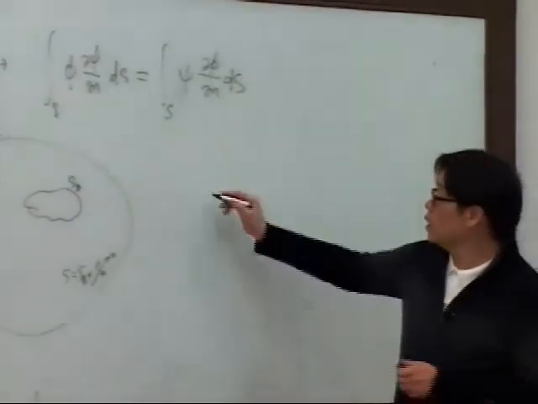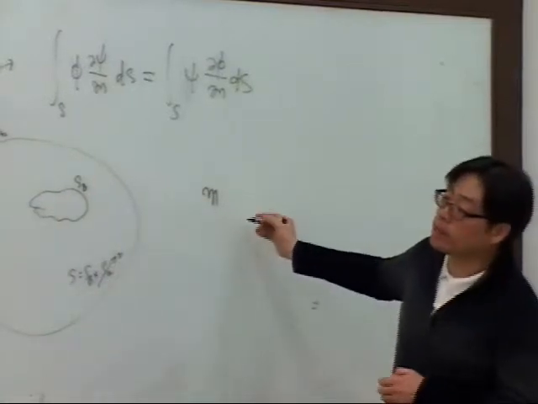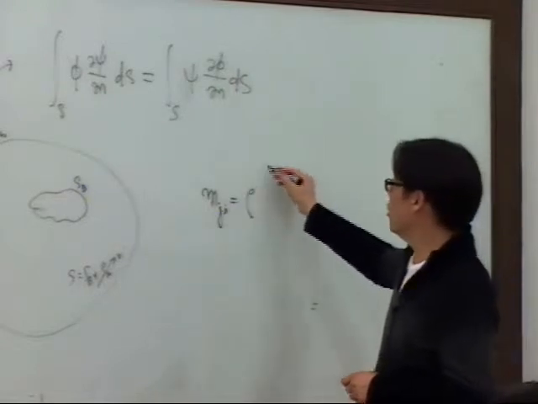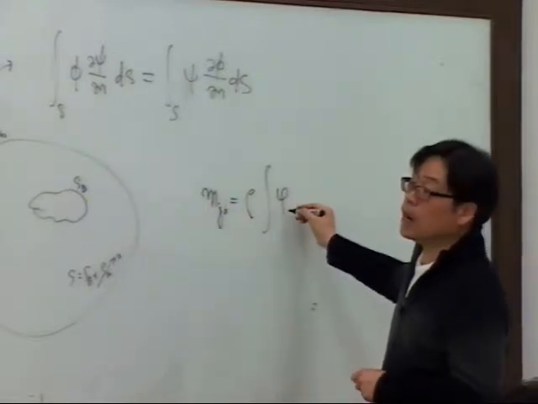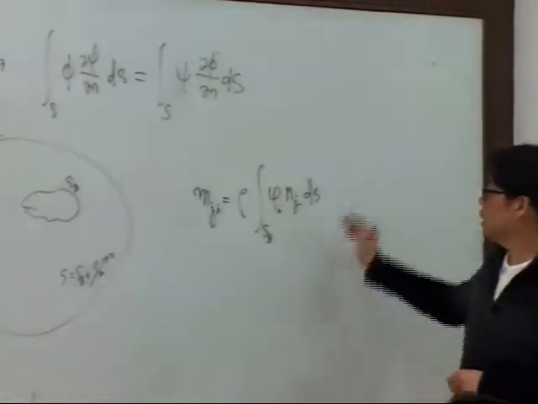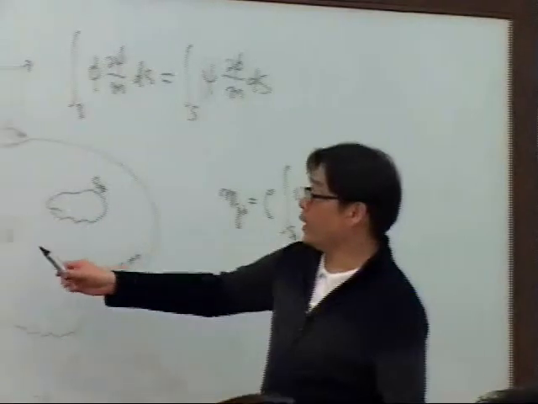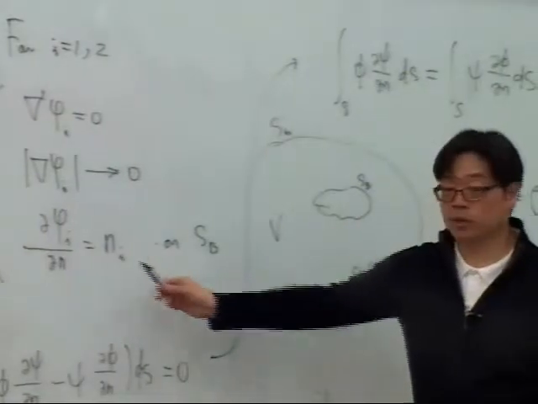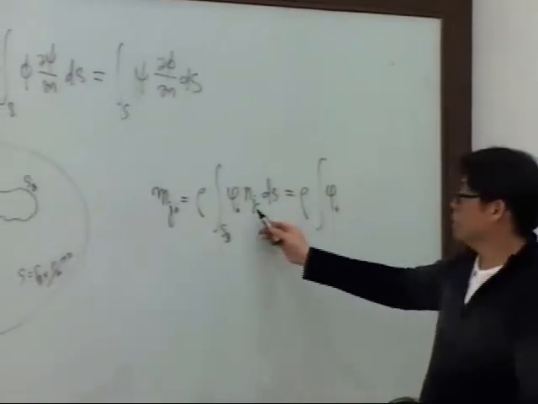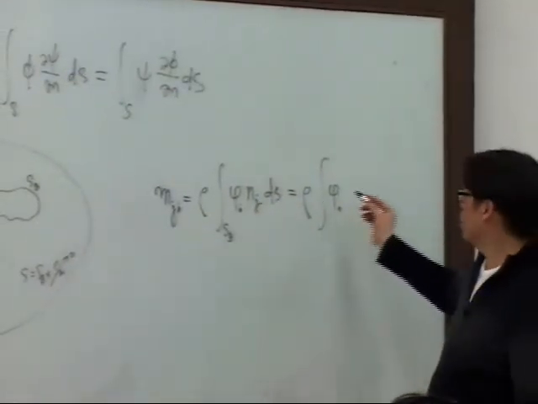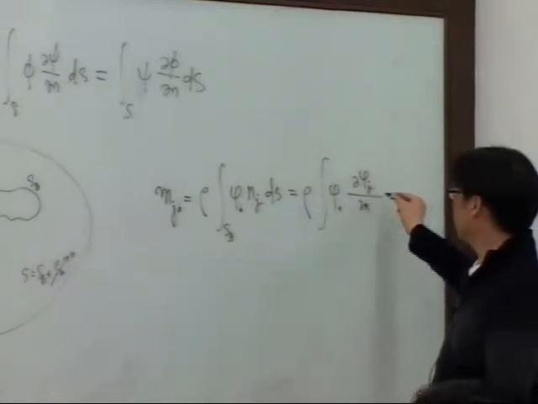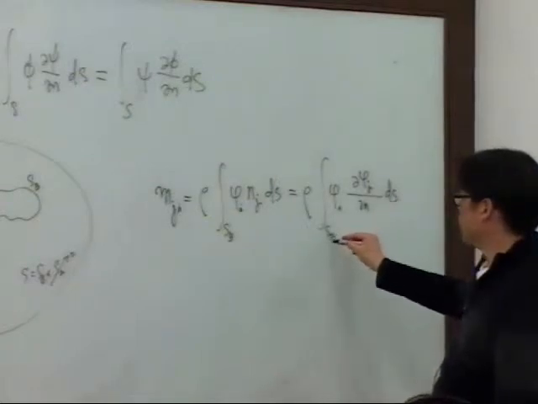Now, M_ij or M_ji, M_ji is equal to rho integral of phi_i n_j dS over S_B, right? Because of the boundary condition, I can rewrite n_j by d phi_j dn on the body surface.